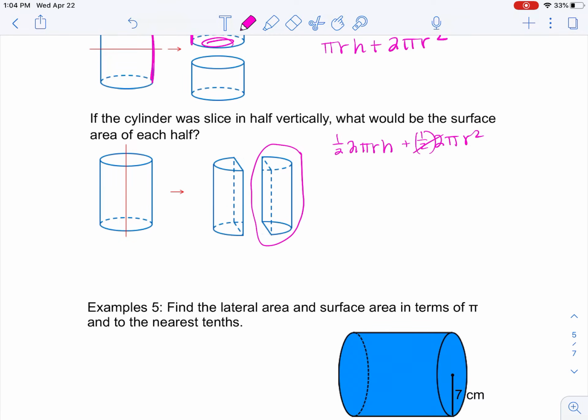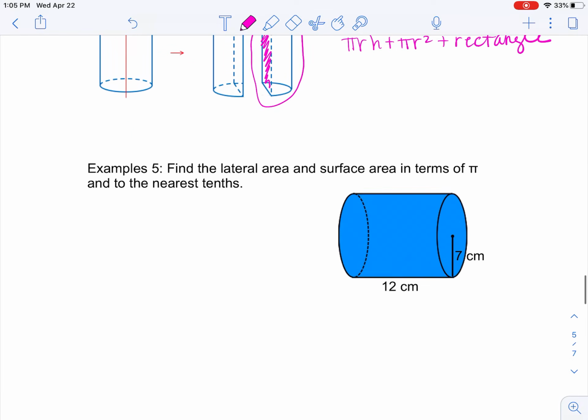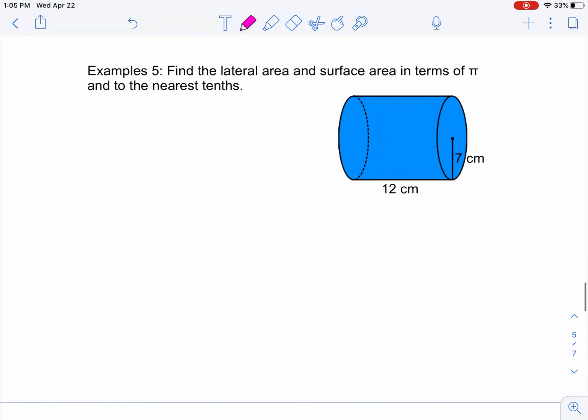But what you have to realize here is you also have this extra piece right here, which is this rectangle. So I need to add the rectangle to that. If I simplify this, that's pi r h plus pi r squared plus the rectangle. So depending on which way you cut it, it could have two different formulas. That's just something to think about. We won't get too crazy with that at all. I just wanted to bring it up.